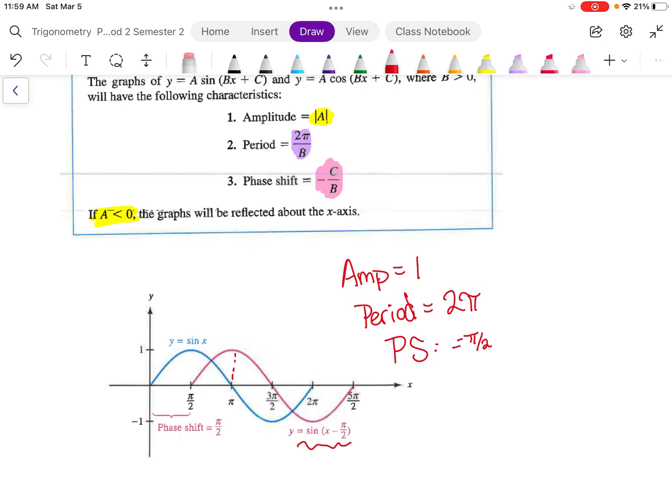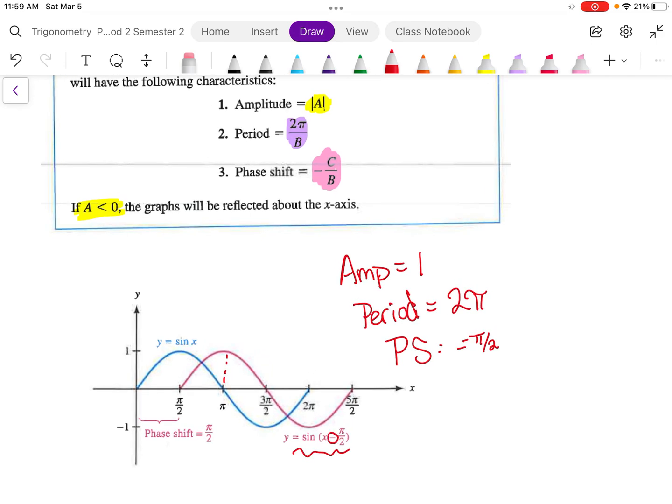So this would be negative pi over 2 because there is a negative sign there, divided by our b value, which is 1. So this would end up being just positive pi over 2, which is why our graph was moved pi over 2 units to the right, which is our phase shift.